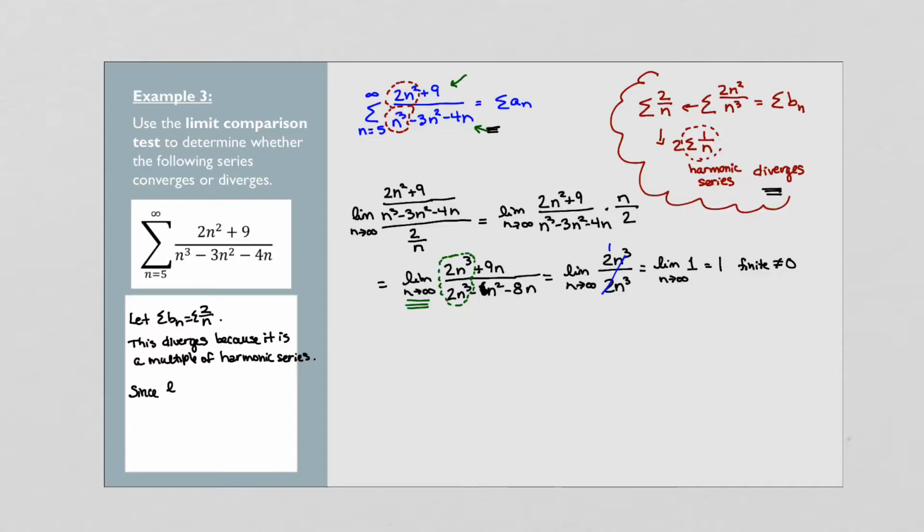Since the limit as n goes to infinity of the nth term, 2n squared plus 9 over n cubed minus 3n squared minus 4n, divided by 2 over n equals 1, which is finite, not equal to 0, the limit comparison test tells us that our original series, n equals 5 to infinity of 2n squared plus 9 over n cubed minus 3n squared minus 4n, must do the same thing as the series we compared to, and therefore it must diverge.